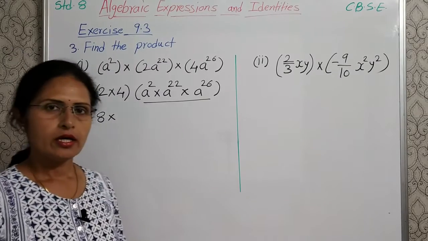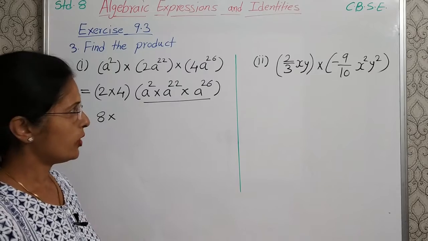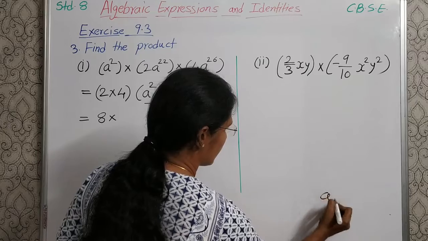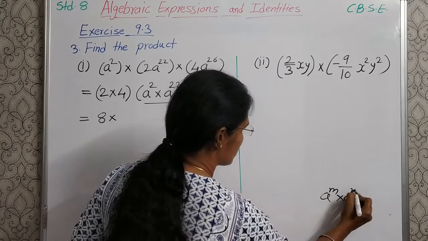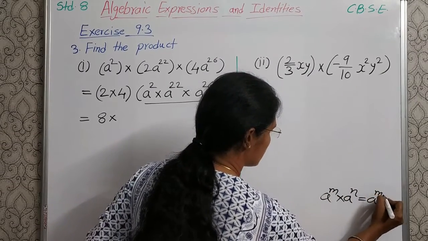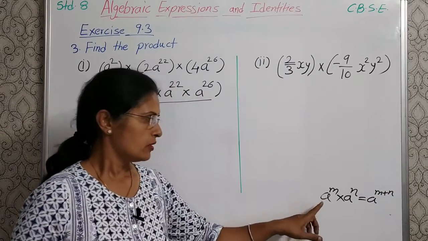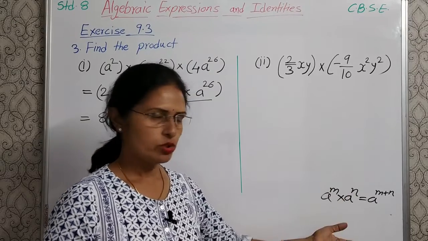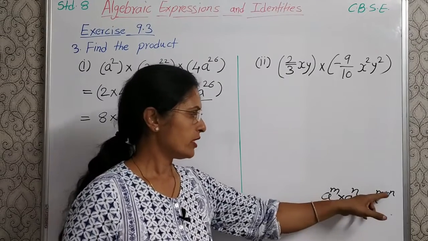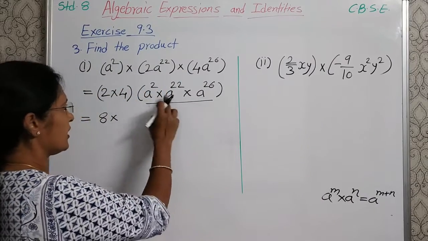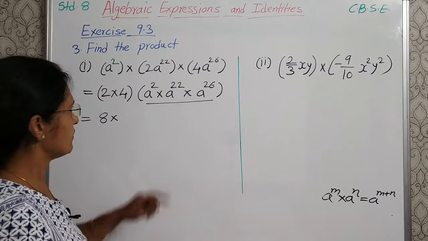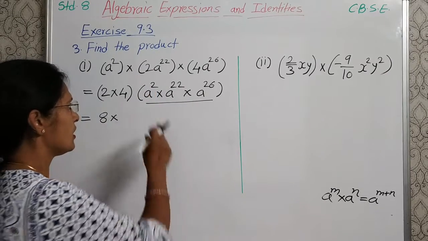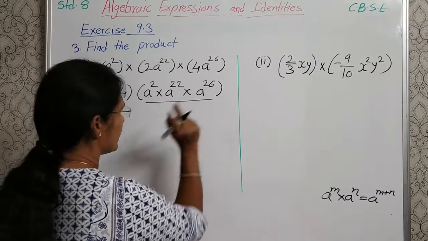and the law is a raised to m into a raised to n is equal to a raised to m plus n. So here I'll write a raised to m into a raised to n is equal to a raised to m plus n. Now here a raised to m, a raised to n, if there is one more variable, then you can add their index. Now here a 3 times it is given, and the indices are 2, 22, 26.